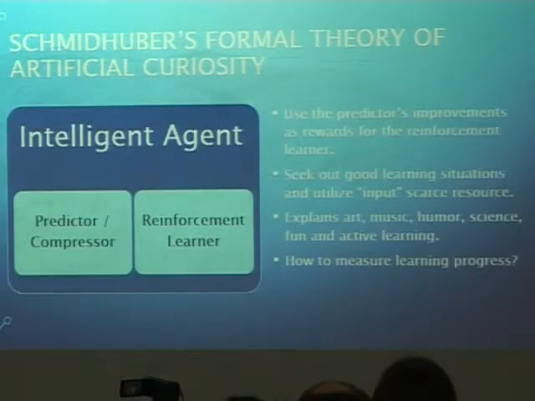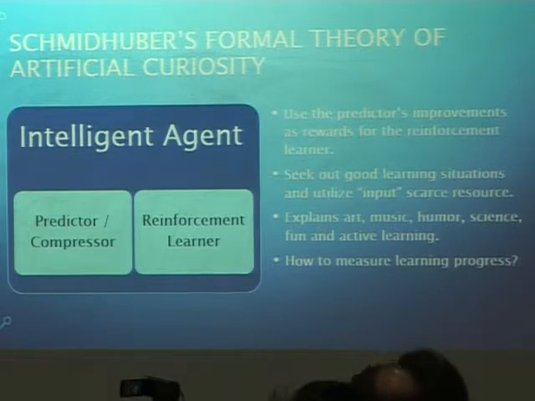Okay, so how do we implement curiosity in an AGI system? Jürgen Schmidhuber has formalized the theory of artificial curiosity, where he considers two parts of an intelligent agent. One part is the predictor or compressor.